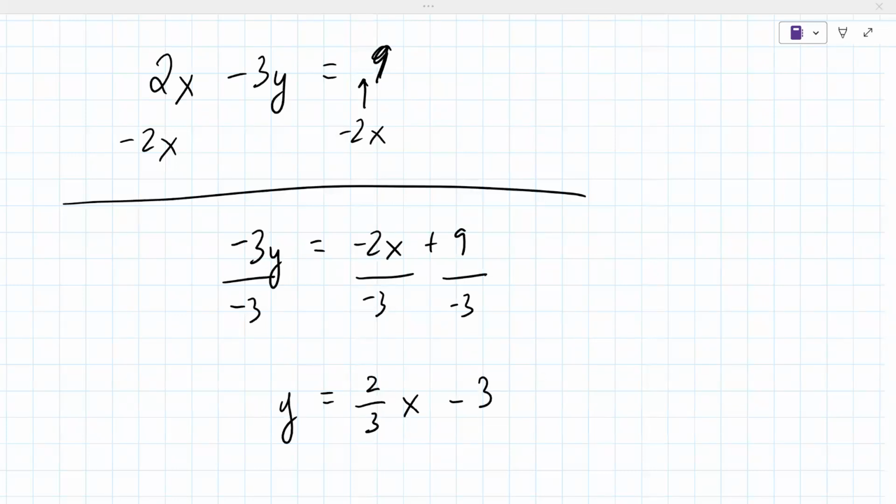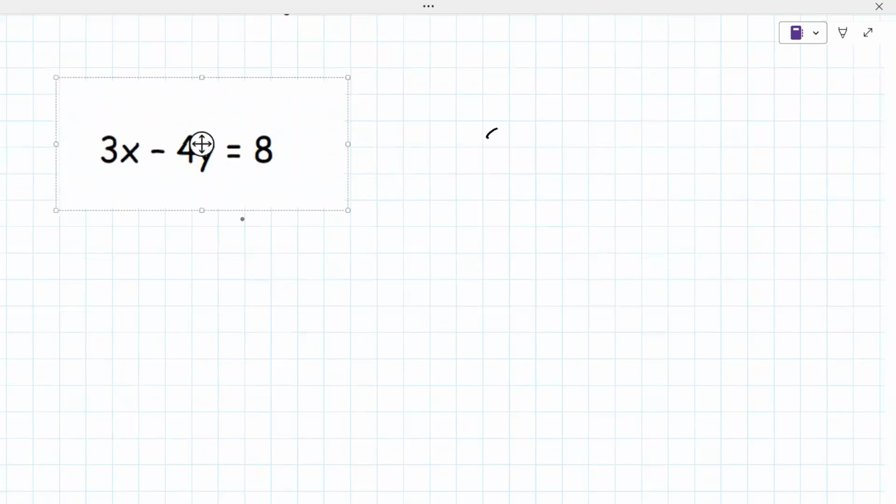So look for another example or two, and then we'll go back to some of your problems. Like here's one for you to try. Go ahead and solve this for y, please.